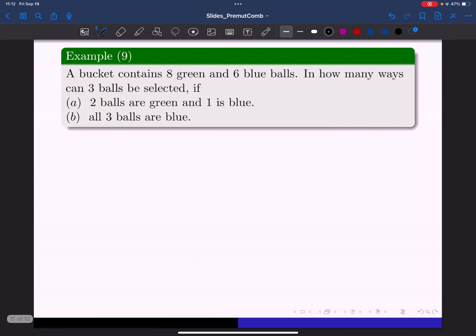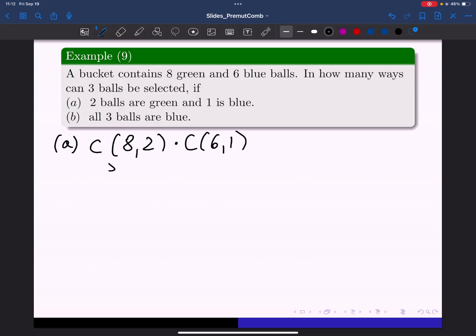Example 9. A bucket contains 8 green and 6 blue balls. In how many ways can 3 balls be selected if 2 balls are green? So we're choosing 2 greens from green and 1 from blue. For part A, we're choosing green balls, so 8 choose 2 greens and 6 choose 1.